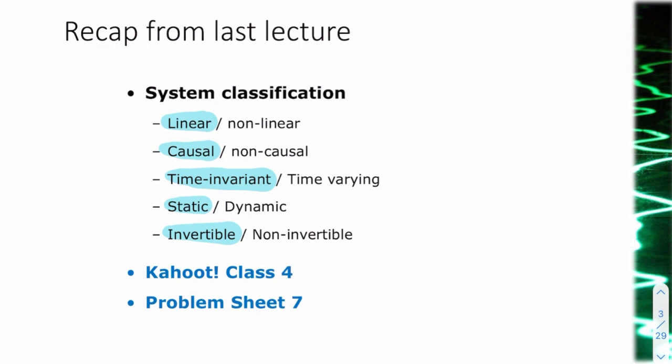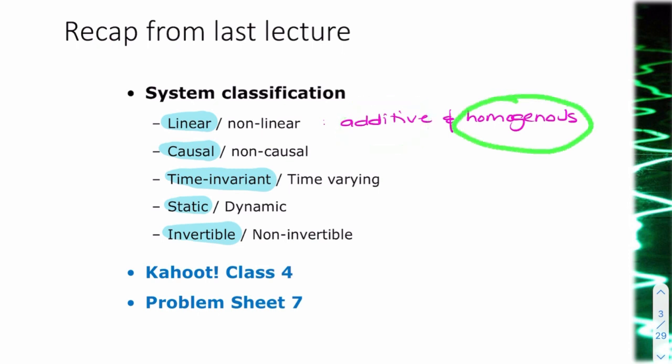And we gave criteria for some of these. So linearity, we gave a test for linearity, and we said for a system to be linear, it needs to be both additive and homogeneous. And we described in detail what each of these means.